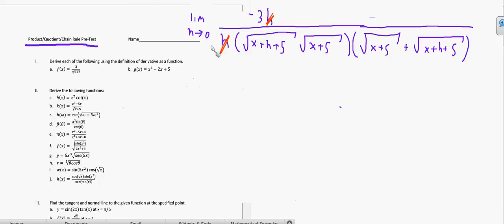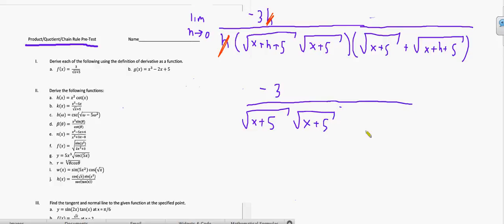What we're left with now, h goes to 0. Now I can plug in 0 for h. And what I'm going to be left with on top is negative 3 over, when you plug in 0 on the bottom here, you're going to get the square root of x plus 5 times the square root of x plus 5 times the square root of x plus 5 plus the square root of x plus 5.